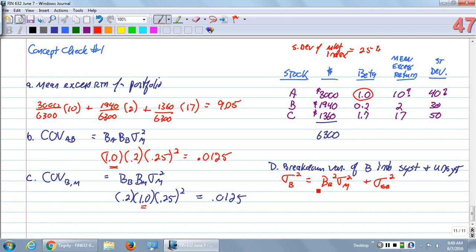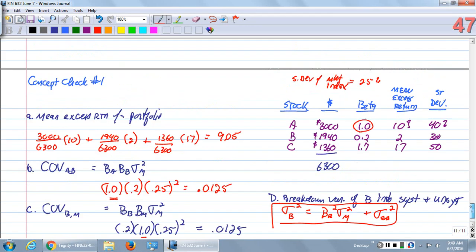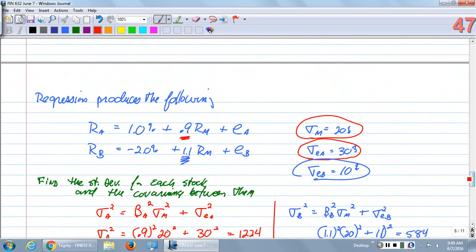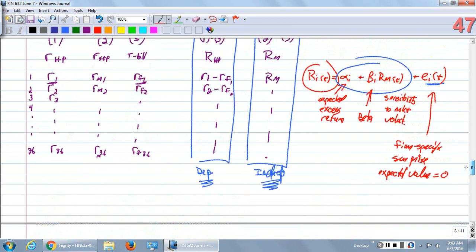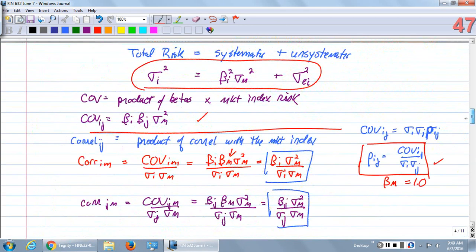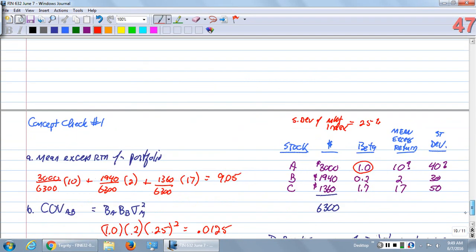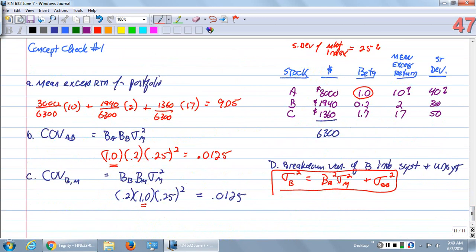This formula that I just wrote down right here, we've used it multiple times. It's right here. See? Total risk equals systematic and unsystematic. So we're given the standard deviation of asset B. It's 30%. It's 0.3.